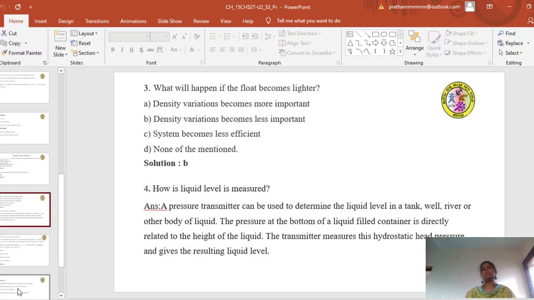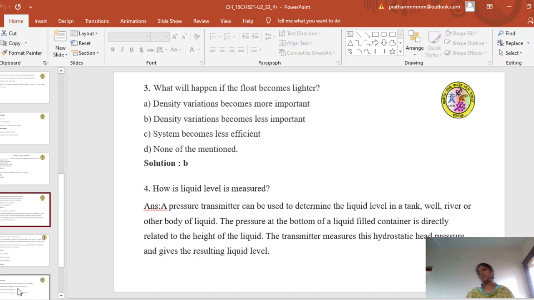So they might ask you as a question for 5 marks or 3 marks, or it can be split. 5 marks can be split into 2, 3, or 4 marks. How can the level be measured? A pressure transmitter can be used. Pressure at the bottom of the container is related to the height of the liquid, so it can be measured by pressure.